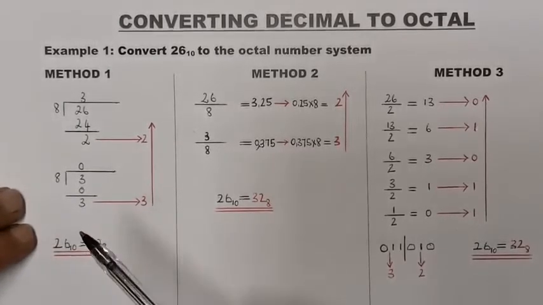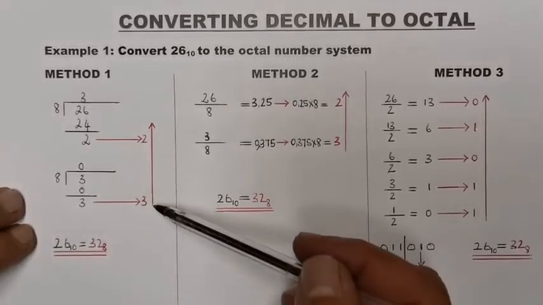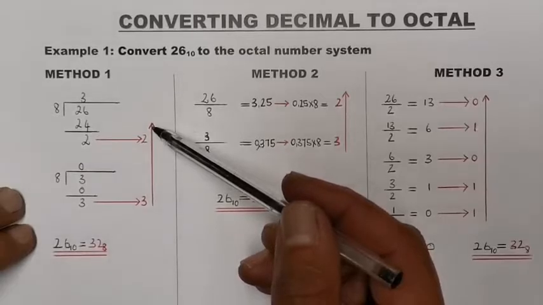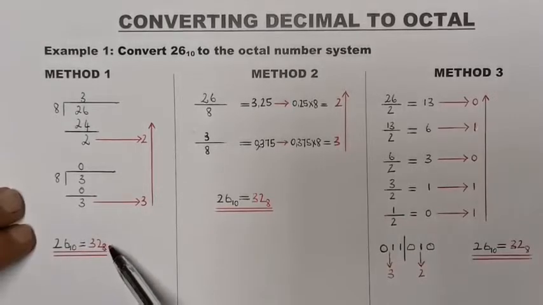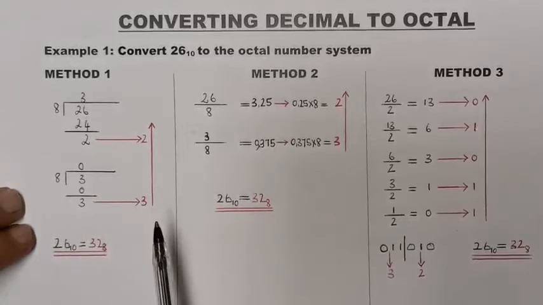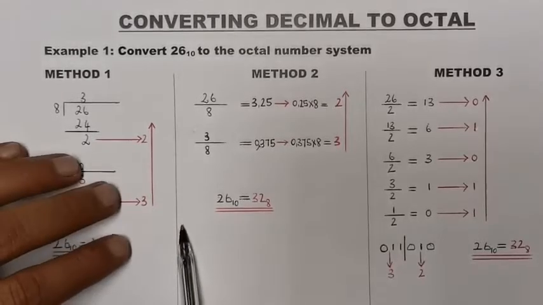Now we write the numbers from the bottom all the way to the top, which means 26 in decimal is 32 to the base of 8, which is octal. That is how the first method works.